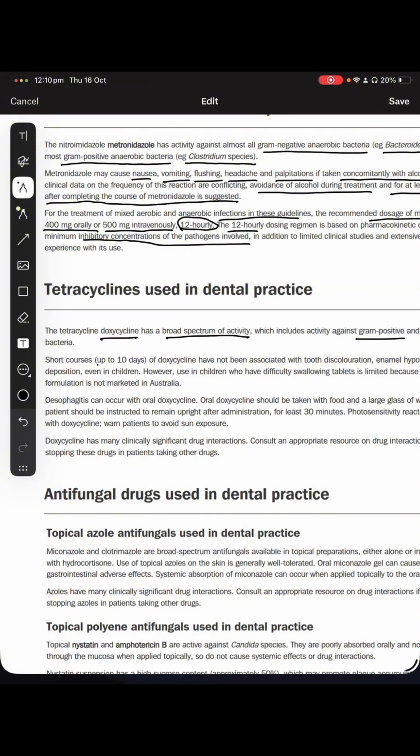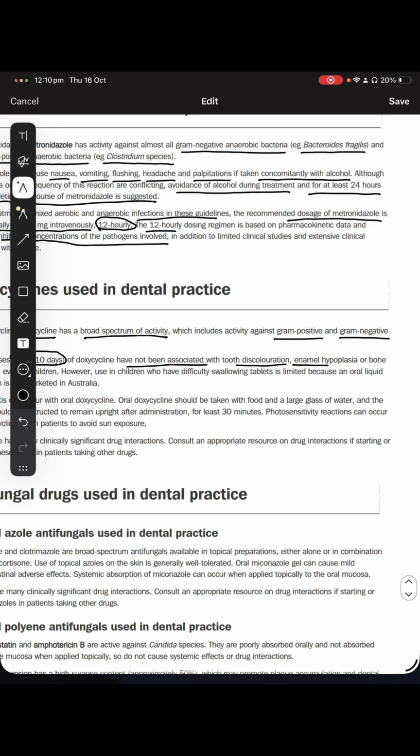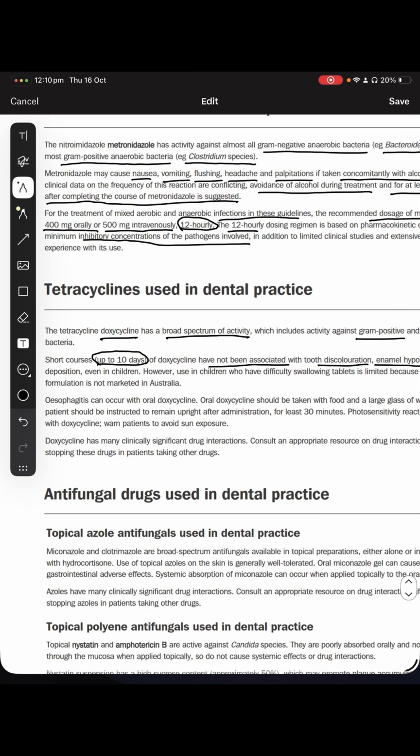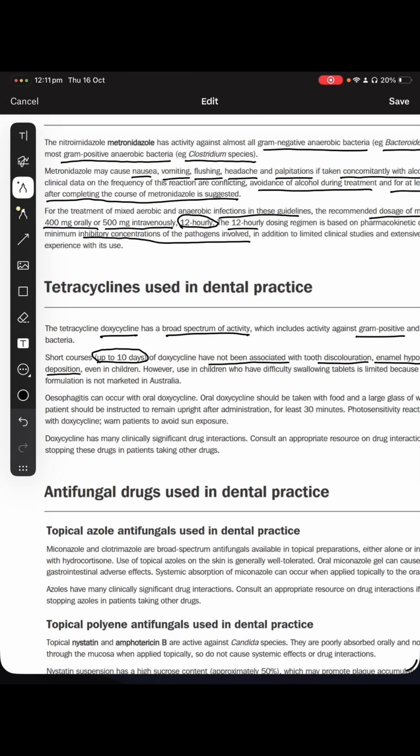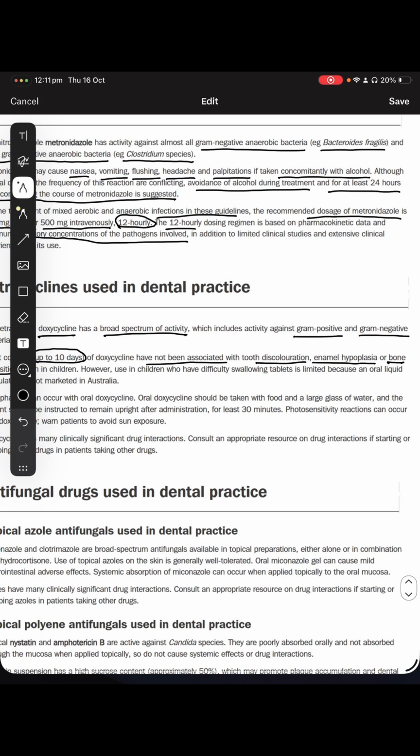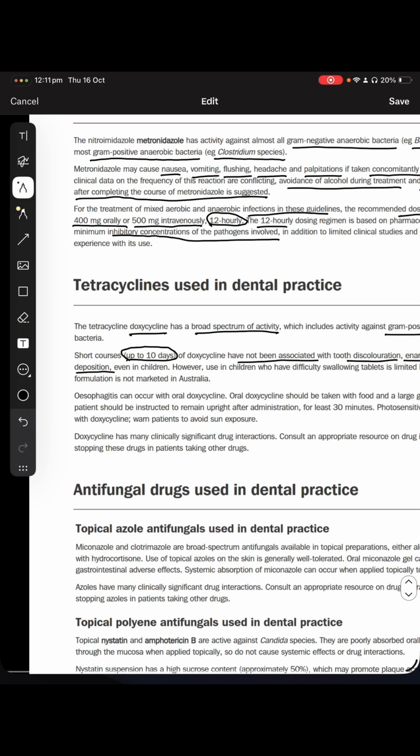Short courses of up to 10 days of doxycycline have not been associated with tooth discoloration, enamel hypoplasia, or bone deposition, even in children.